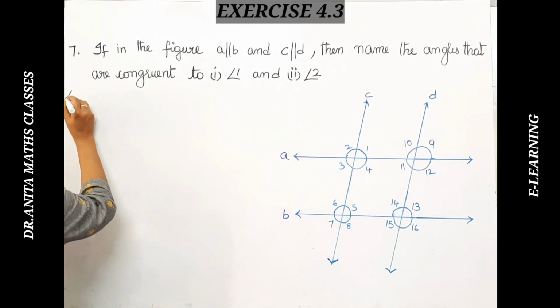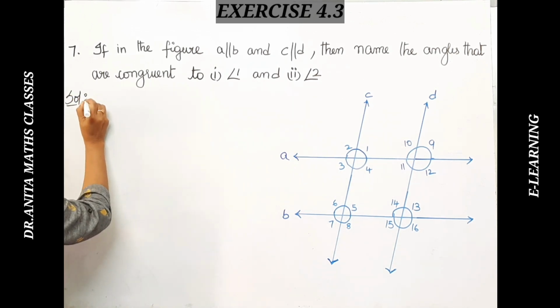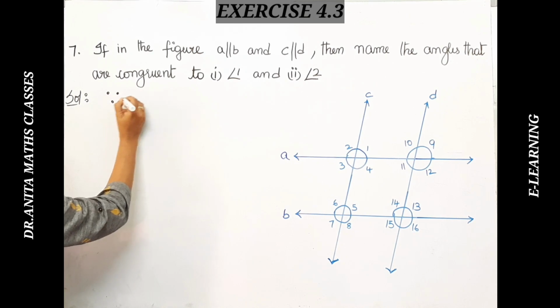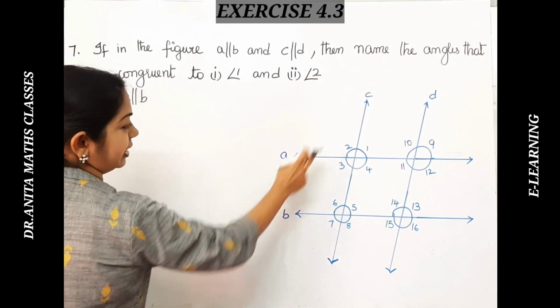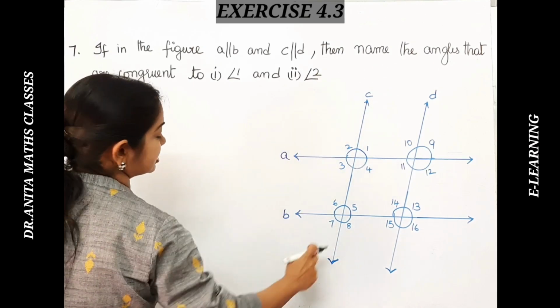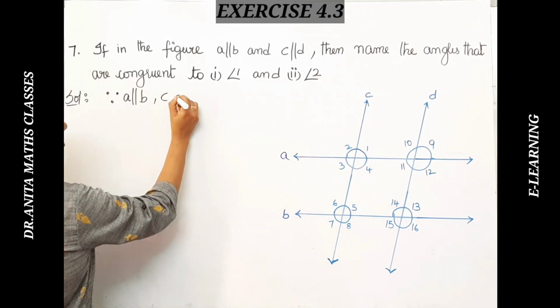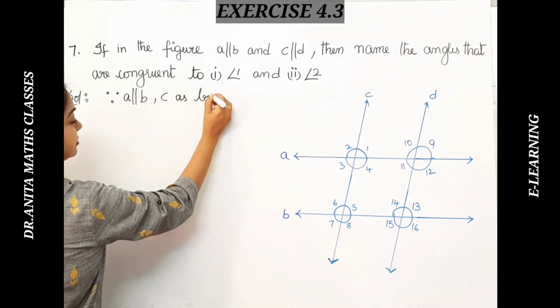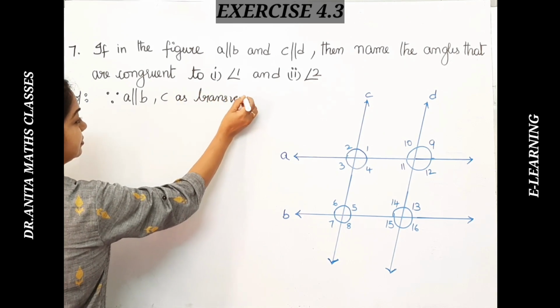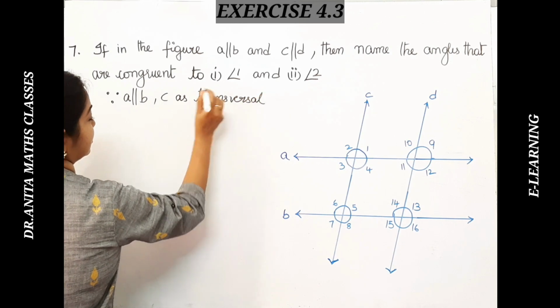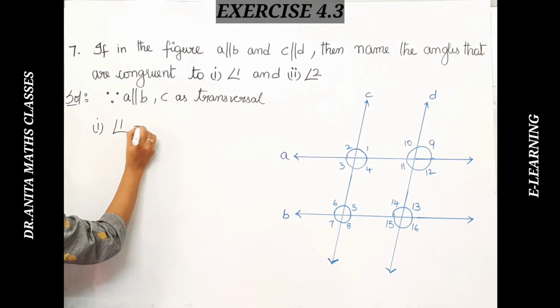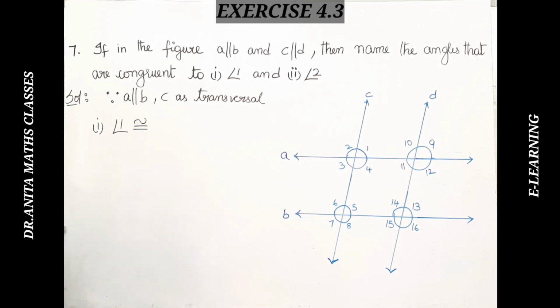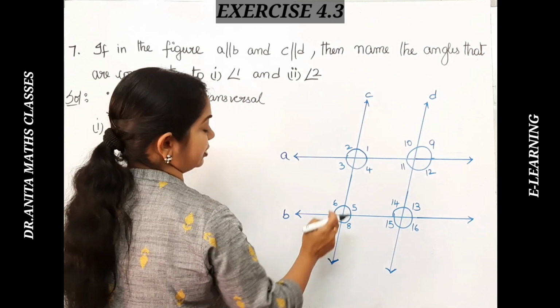Since A is parallel to B, consider C as the transversal. Let us take the first one, angle 1.